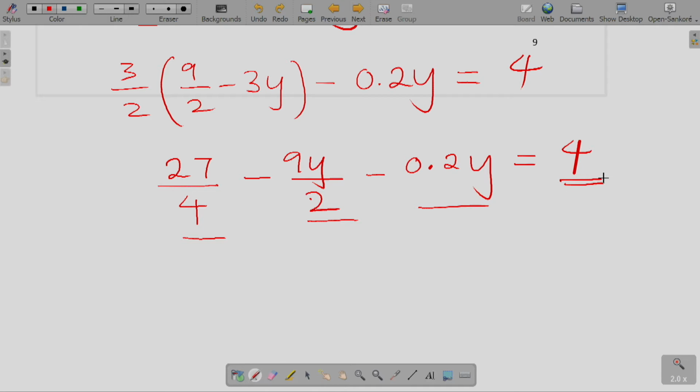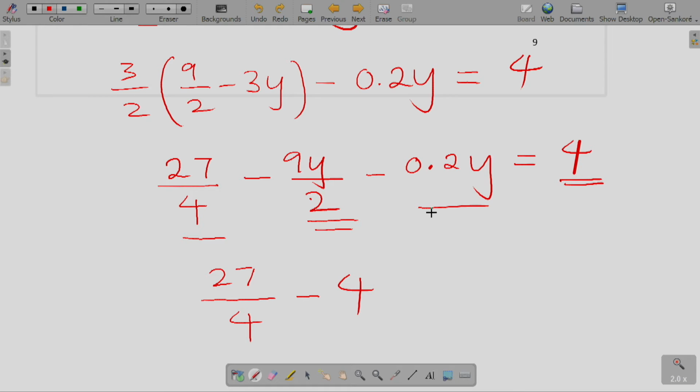If you move it to the right hand side, its sign will change to negative. So we'll have 27 divided by 4 minus 4.